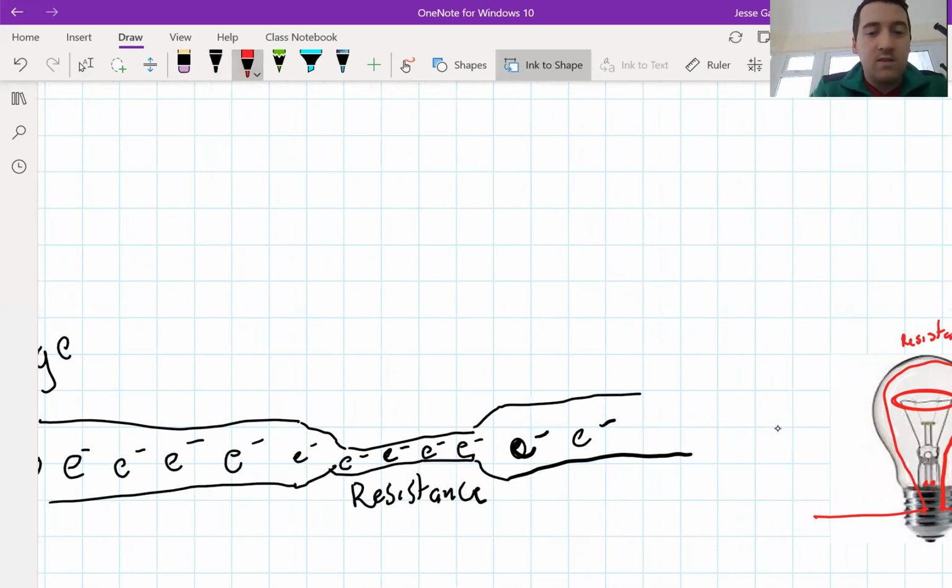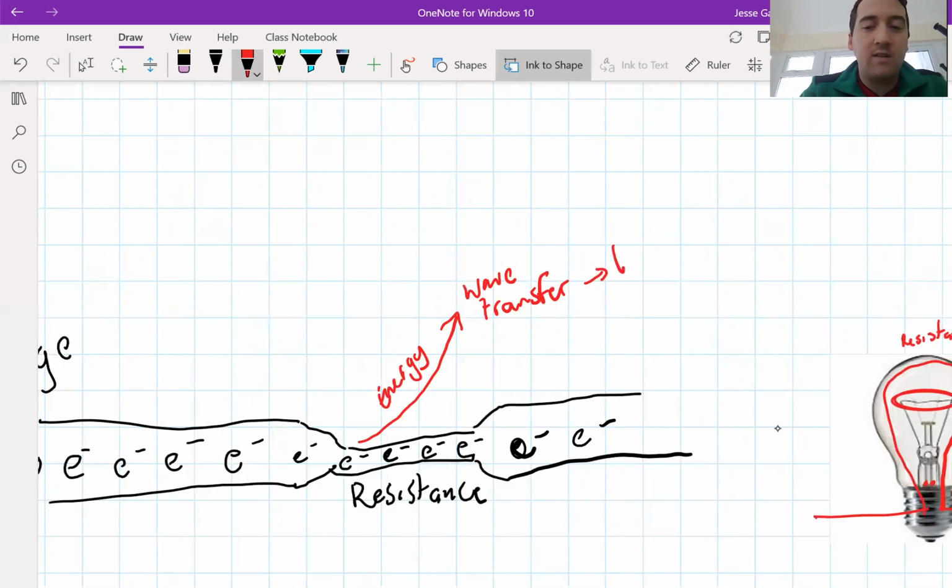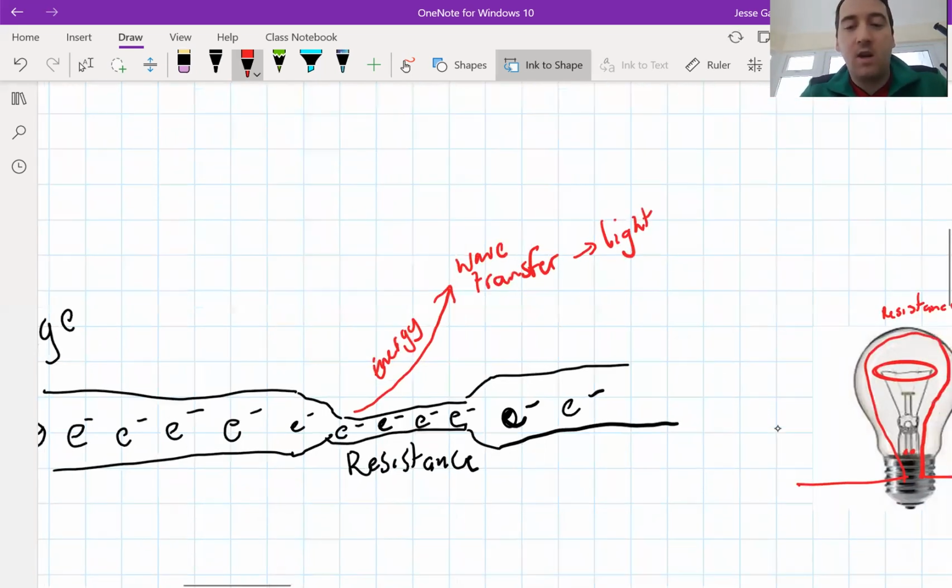So the resistance slows down the current and energy is transferred to the surroundings by wave transfer. The wave transfer is in the form of light. Light is a type of wave, and that's why bulbs are useful.